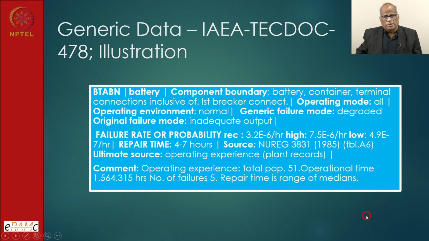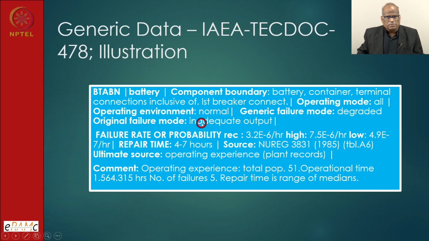If I am talking about a pump, whether the motor is a part of the pump, or the cables running up to the junction box, that is the boundary, or it is going to the starter for the pump. Otherwise we should not be double counting the component, or we should have a clear-cut boundary, so that when we do the analysis, we are able to capture the right association. So defining the boundary is very important.